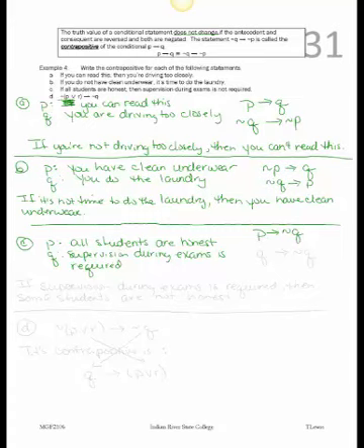All right, so the contrapositive becomes if Q, then not P. We're going to reverse the antecedent and consequence, and then we're going to negate both the antecedent and consequence.